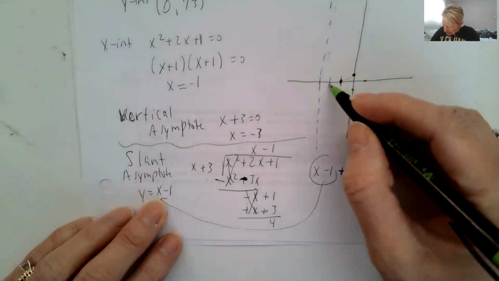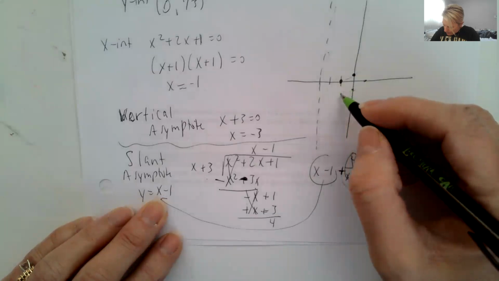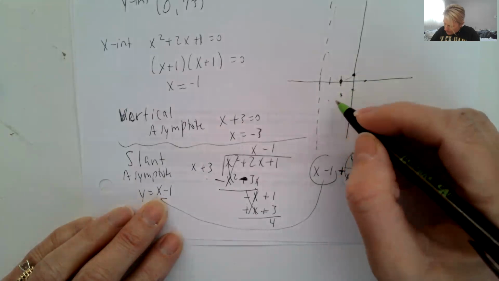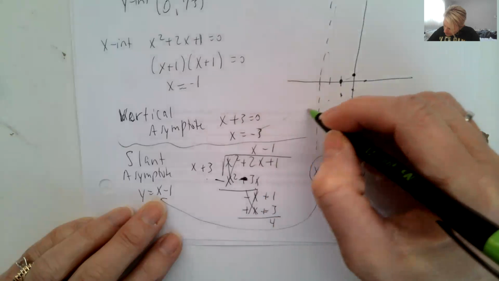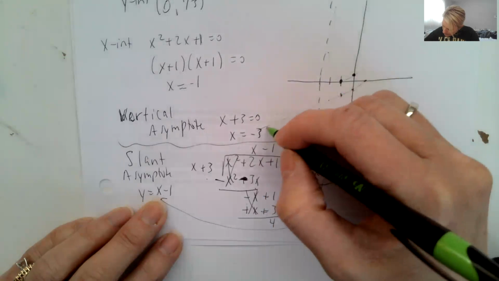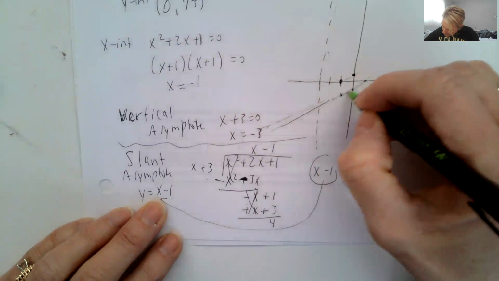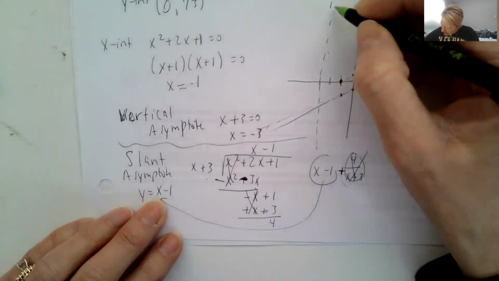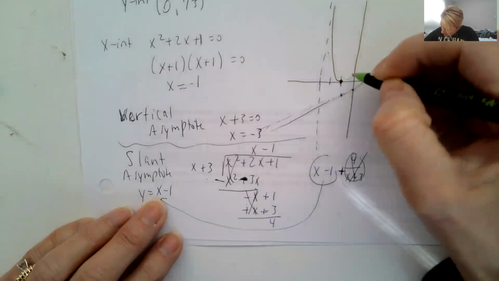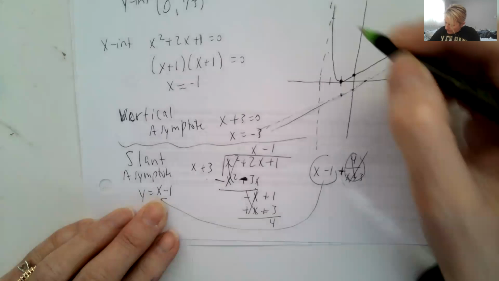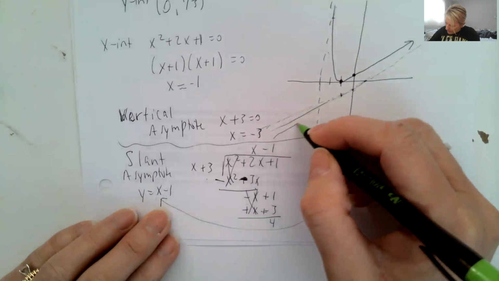At -2, we're at -3. So the asymptote is a line, but it's a dotted line because the graph breaks that. It's going to go like this, come down, and it'll be a slant at this, and then there's going to be one here.